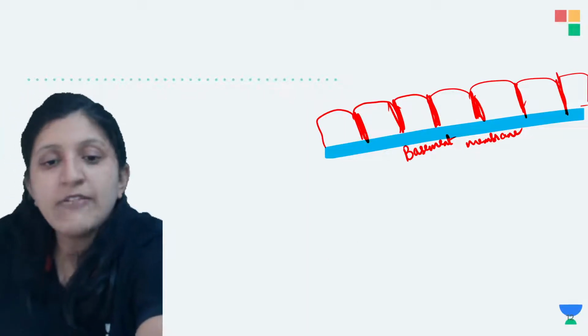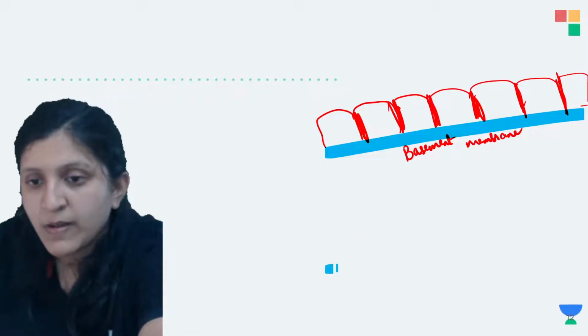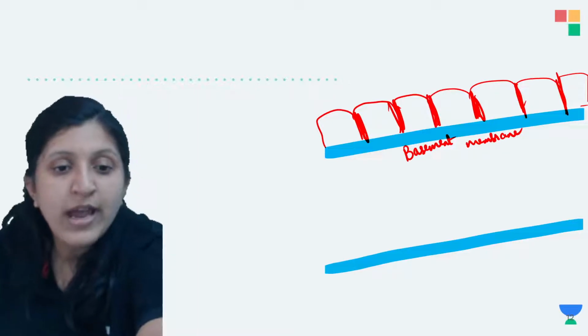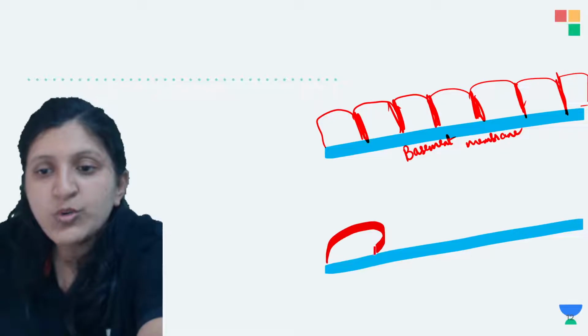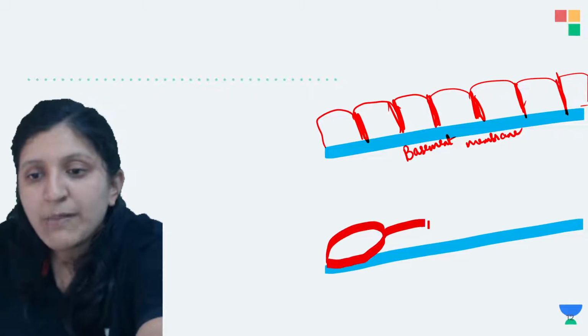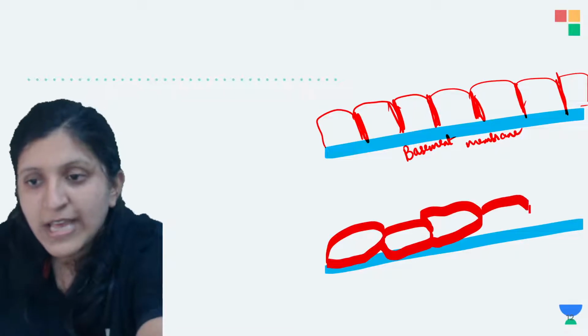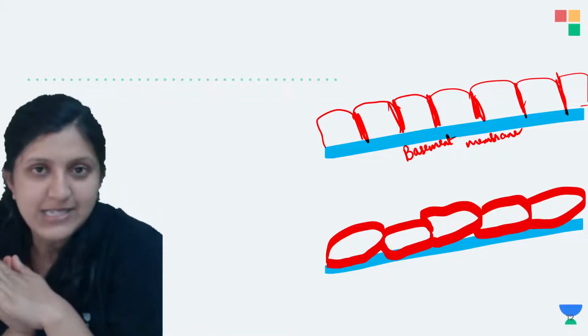In the same way, again there is a basement membrane, and you can find flat cells. What are those flat cells? You can find the squamous epithelium. There is no intercellular space again. This is a squamous epithelium, completely flat cells.